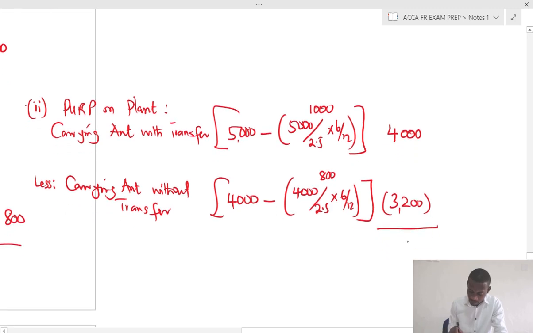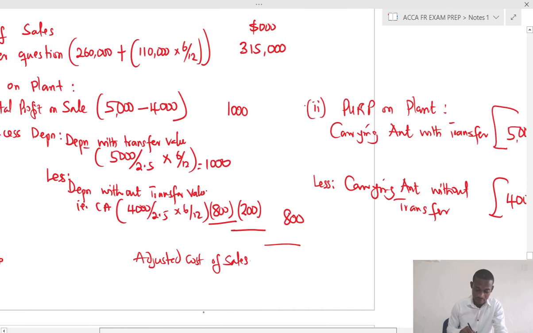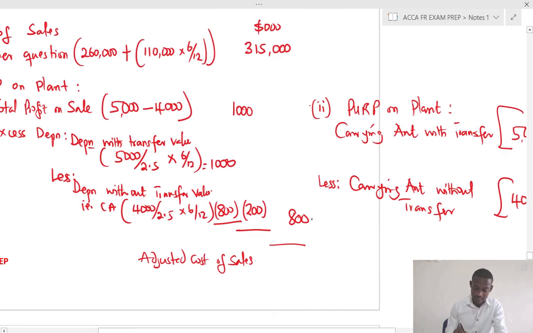And this 800 will be the unrealized profit, PURP, on the plant, and this will be added to the cost of sales. So notice that here we had 800. If we do it the excess depreciation approach, we had 800 again. So the 800 here will be added to the adjusted cost of sales.